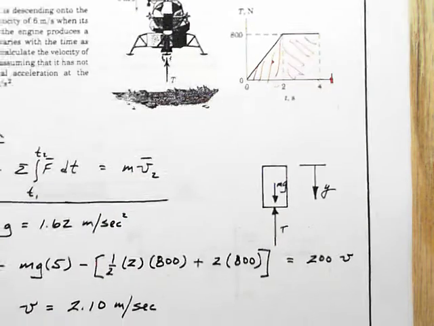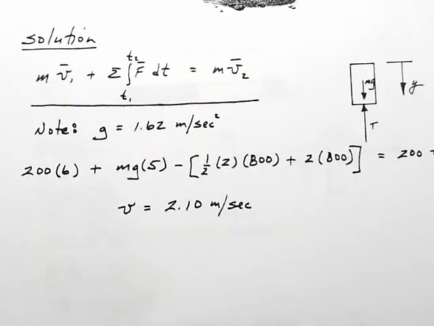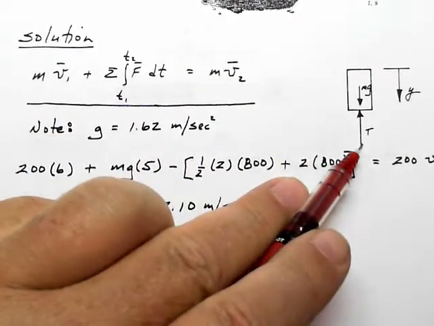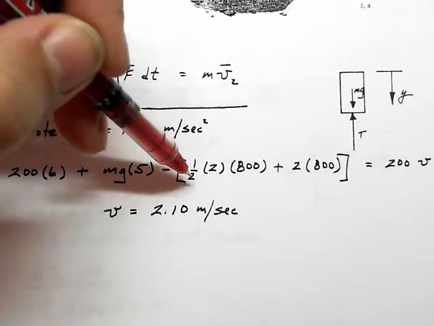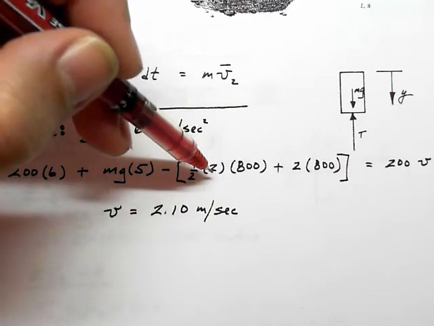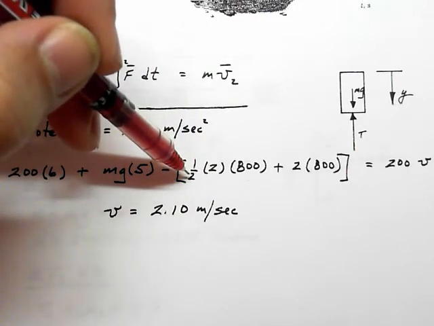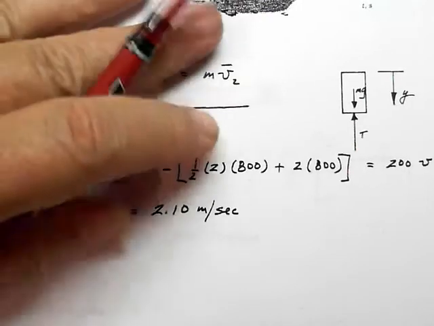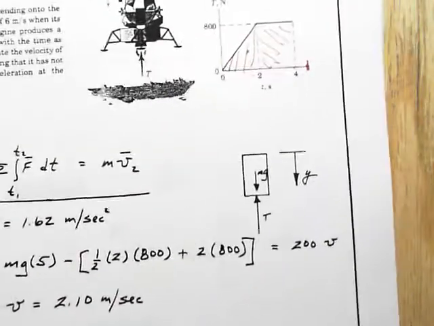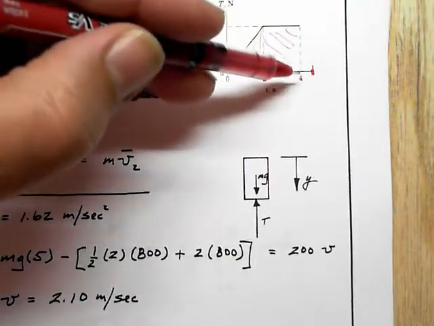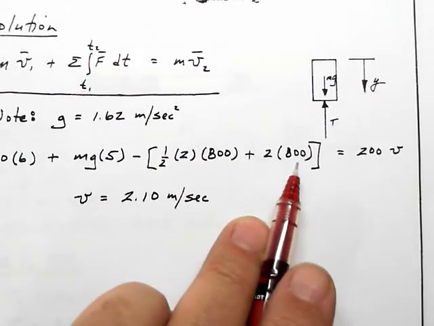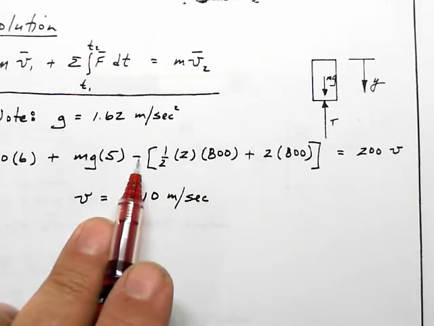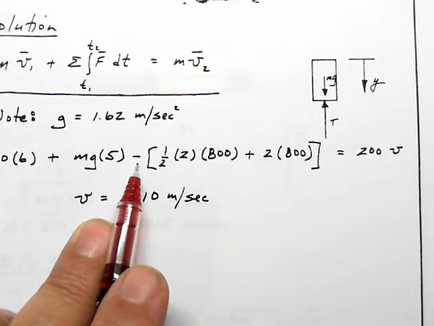That gives us the triangle. And thrust is in the upward direction, which is negative for our coordinate system. So we'll say minus the 800 by 2 rectangle multiplied by 1/2 for the triangle. And then under our curve we have a full 800 by 2 area under the curve. So we have a full 800 by 2 also acting in the negative direction.